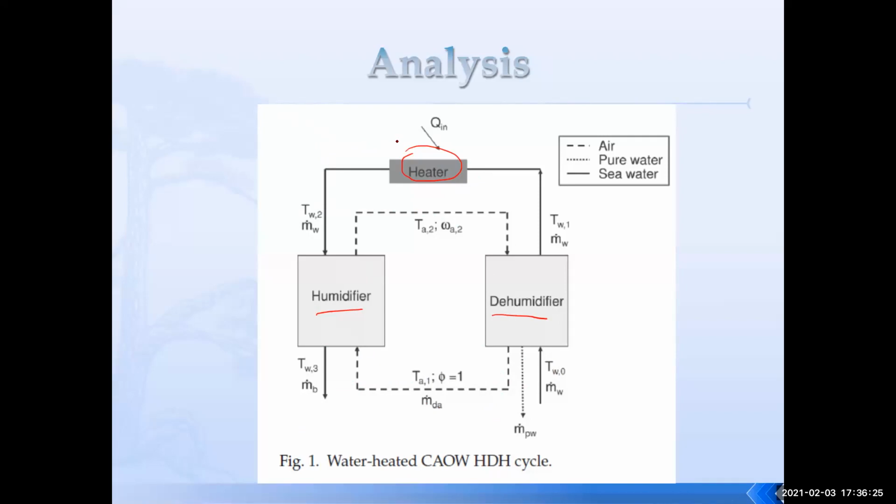The water heating can be achieved in several ways. It can be an electric heater, which is something that we started doing in the lab because the lab is a closed environment, but you can take it outside and do it with solar collectors, or you can do it with rejected heat. We have done an idea in the lab that has even been patented, and one of your colleagues has finished his PhD on that unit, which is a connection of an HDH unit with a vapor compression cycle.